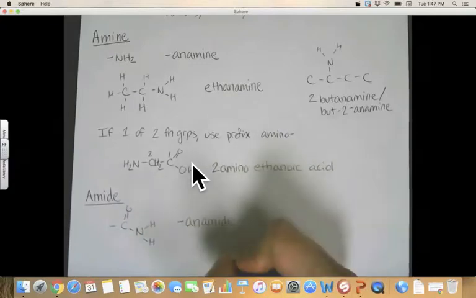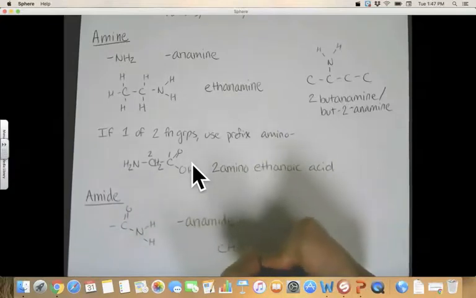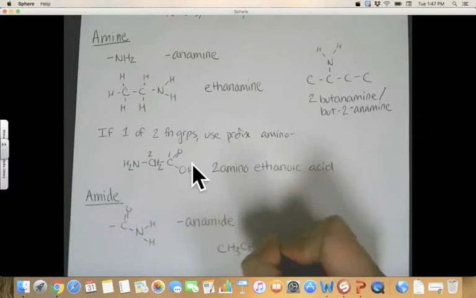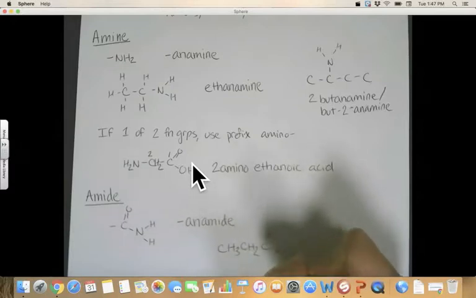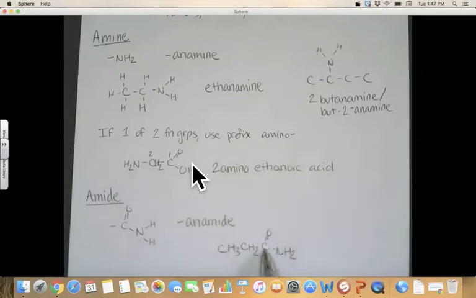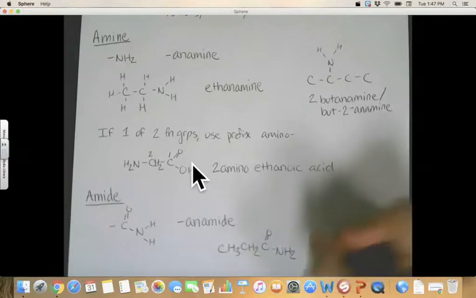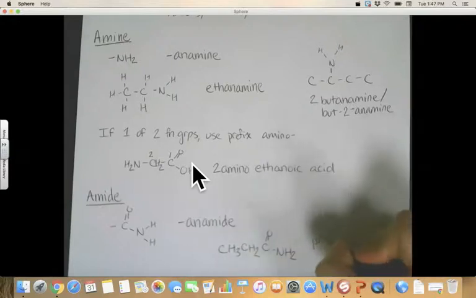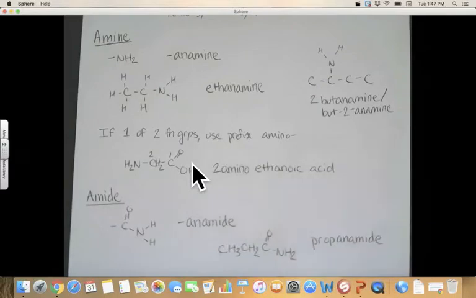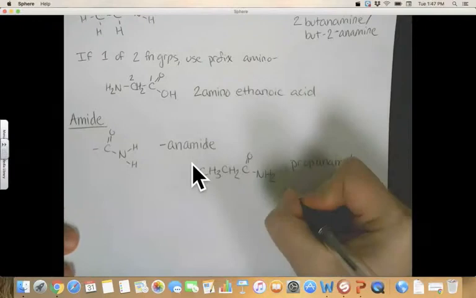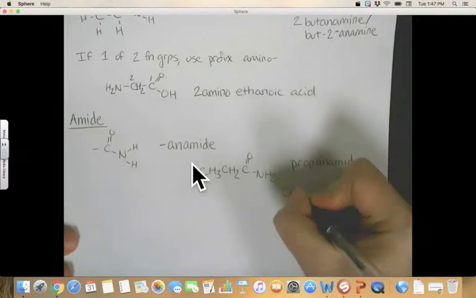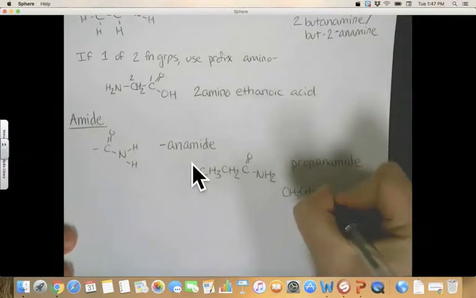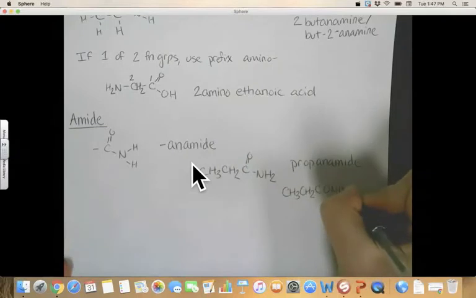So if we have, there's 1, 2, 3 carbons, and then here's our amide group. So this is propanamide. Okay, to condense it, actually pretty simple. We could write CH3CH2CONH2, just like that.